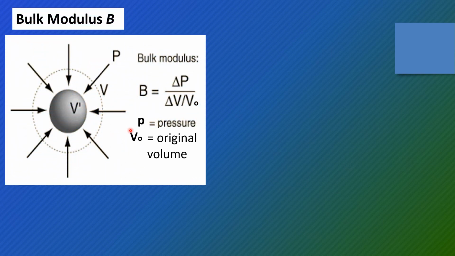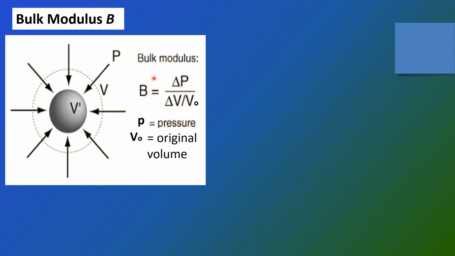What happens if an object is subjected to a changing pressure delta P and causes the volume of the object to also change as shown in this diagram?